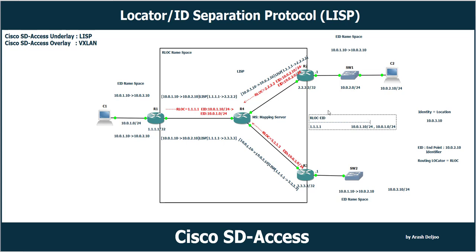In the LISP course, I explained all of the details, how we can configure and verify this table. Here we try to understand what is happening with a high-level view.